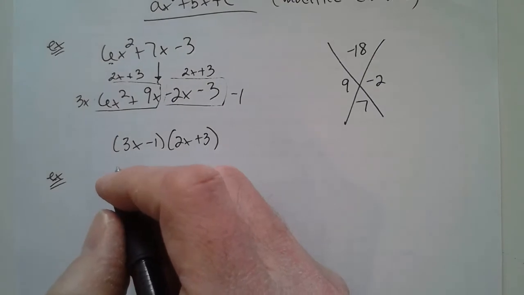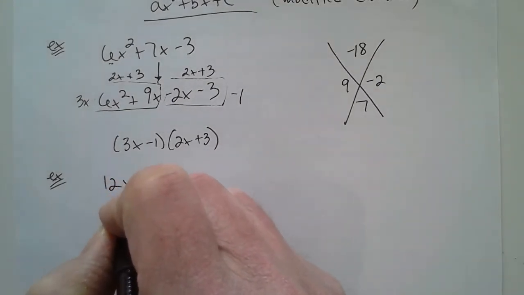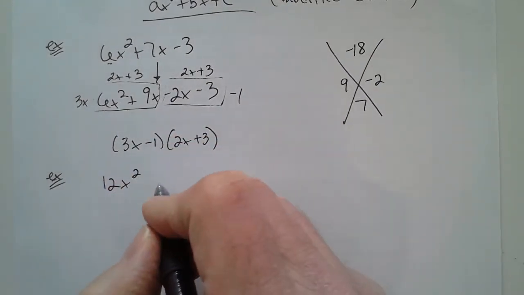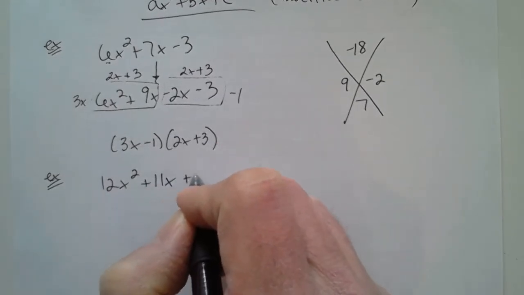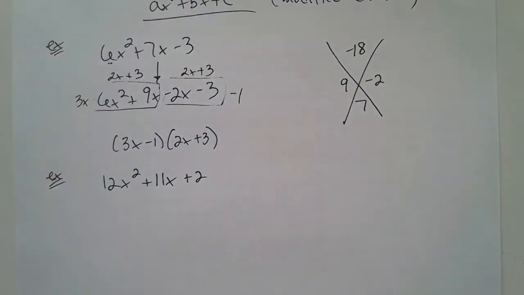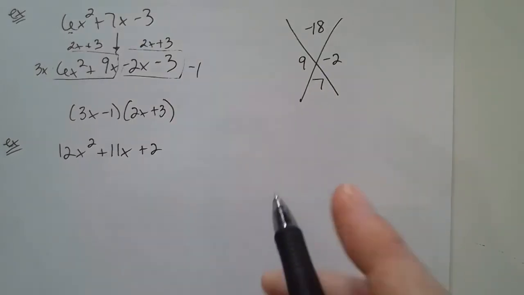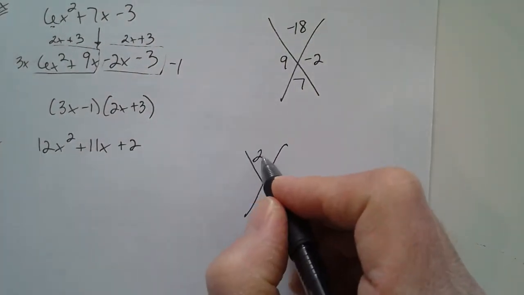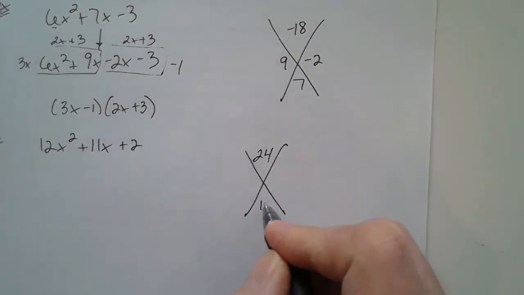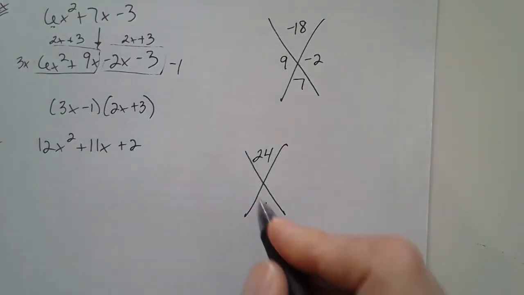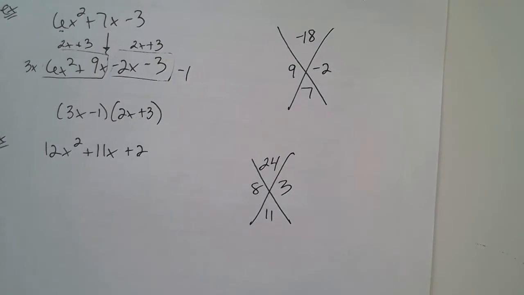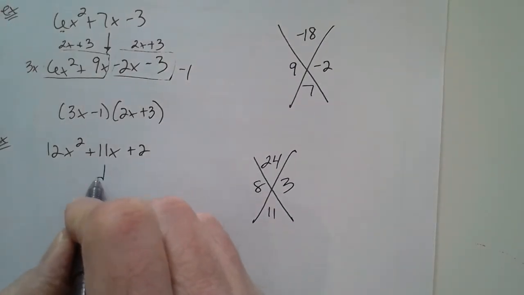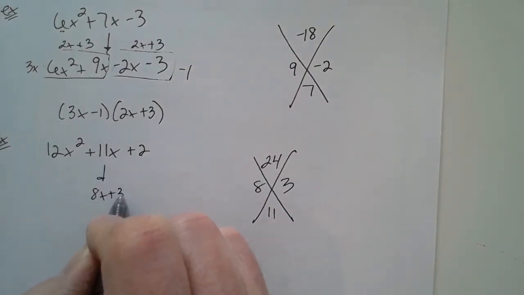So I've got 12x squared plus 11x plus 2. So we're going to factor that. First thing we want to do is make a diamond problem. 12 times 2 is 24, and 11 goes on the bottom. It would be 8 and 3. So change the 11x to be 8x and 3x.